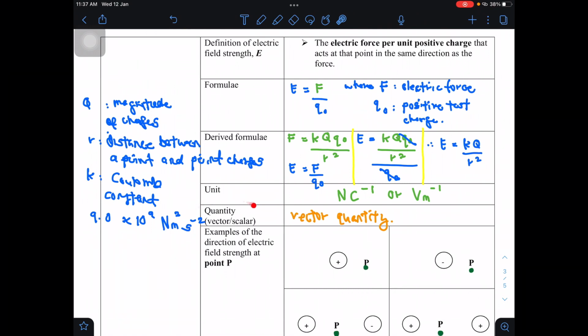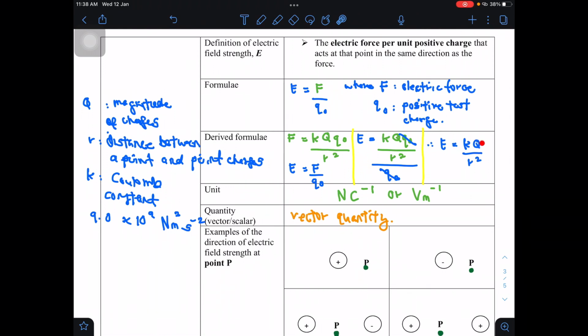The electric field strength is a vector quantity, so it must have magnitude and direction. Going back to the formula just now, E equals kQ per r squared. E is the electric field strength.